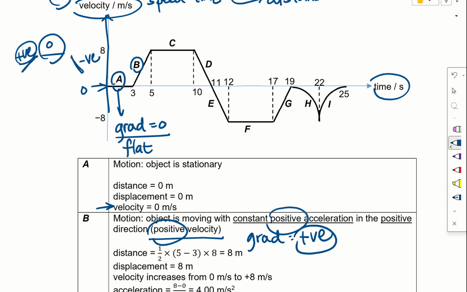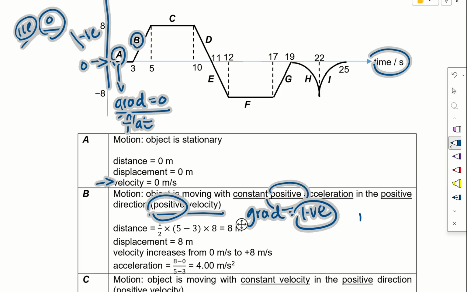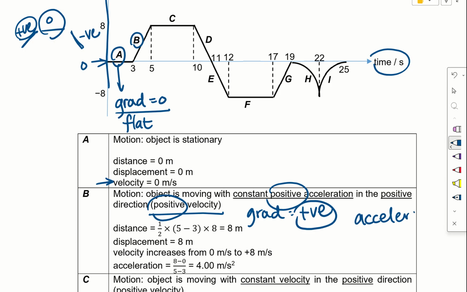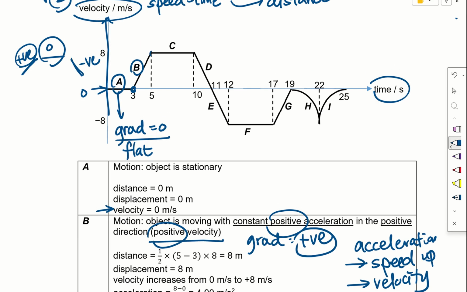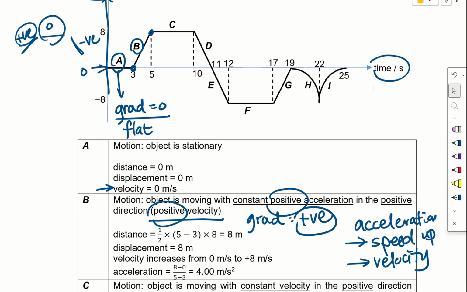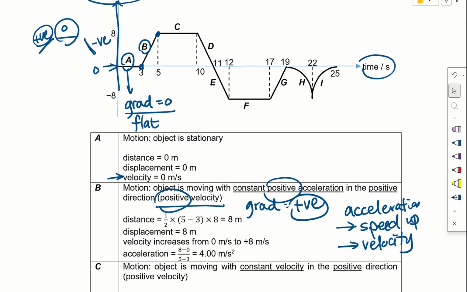Velocity is positive, the gradient is also positive, which means both are pointing in the same direction. Therefore, there must be acceleration, which means the object will speed up, or the velocity will increase. And do we see that? Yes, we see that the velocity actually increases from 0 to 8. But how is the velocity increasing?